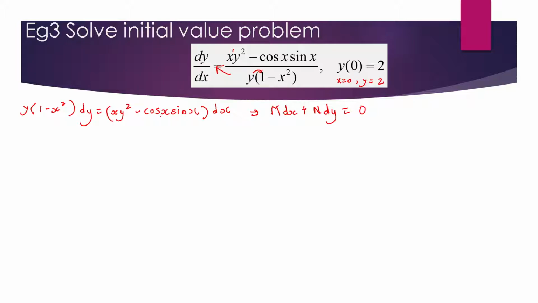So the dx term I bring to the left-hand side, so negative becomes positive, so cos x sin x minus x y squared dx plus y times 1 minus x squared dy equal to 0. So now we have changed to the form M dx plus N dy equal to 0.